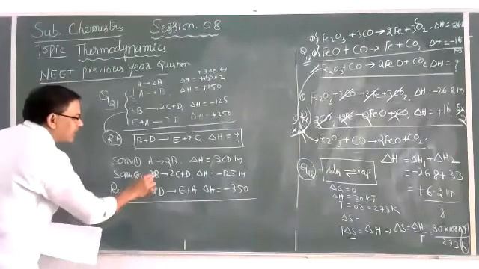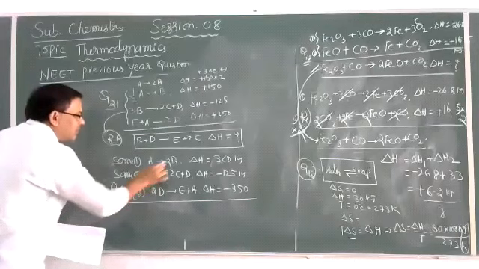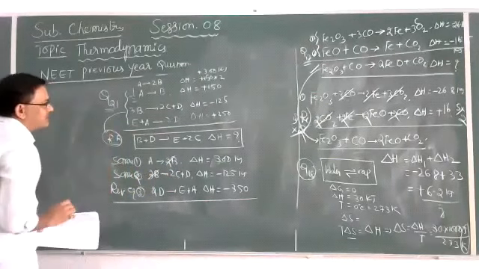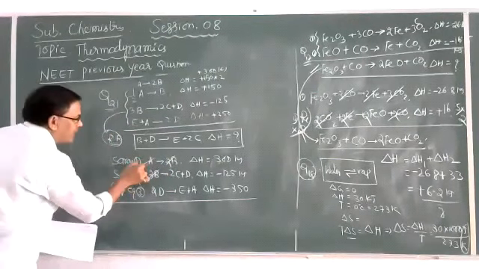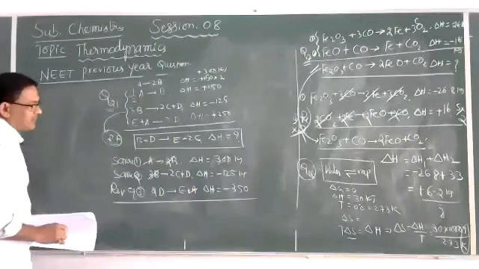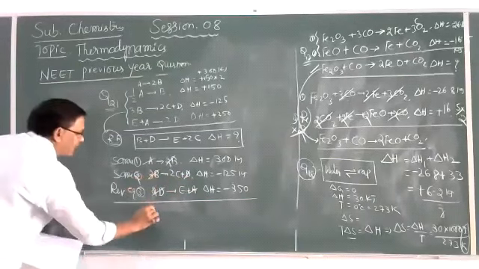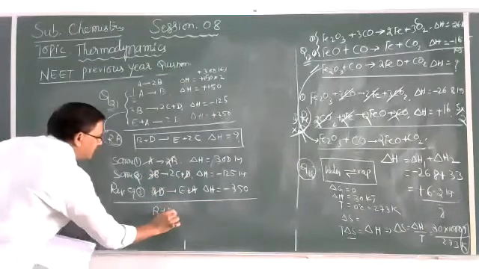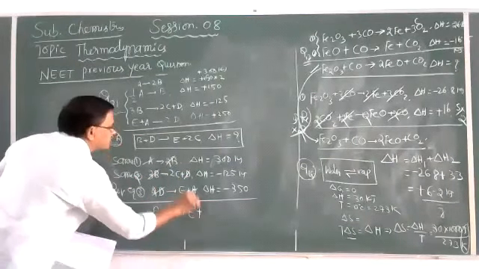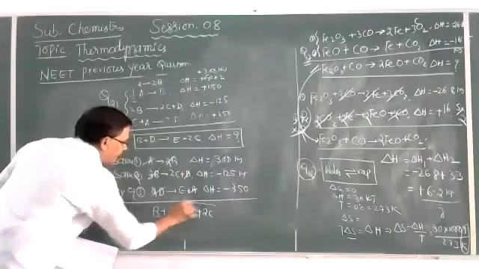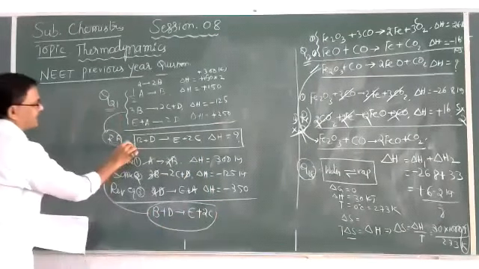By adding all these, here 3B and here 2B, 1B is balanced, and A and A get cancelled. D is 1, so 1D gets cancelled. Finally, the balance is B plus D gives E plus 2C. So our required reaction is obtained.